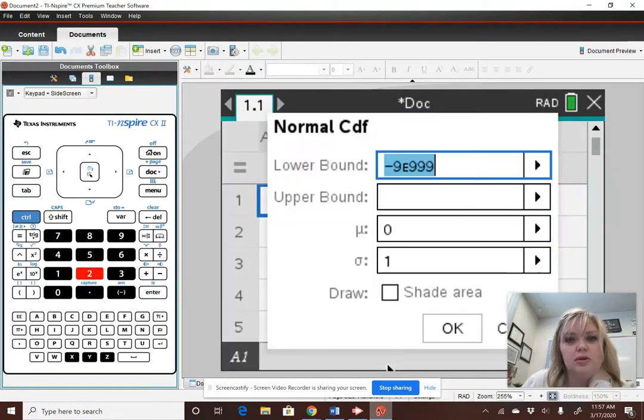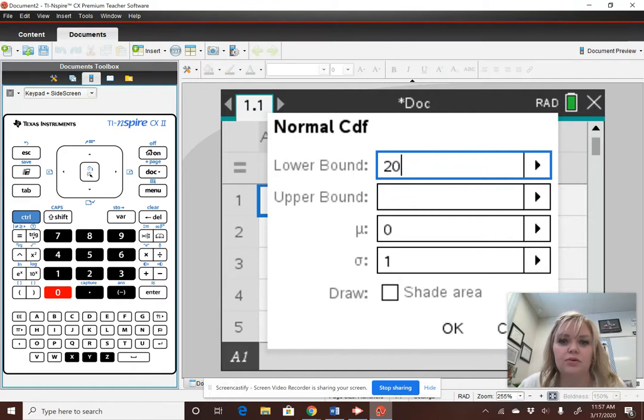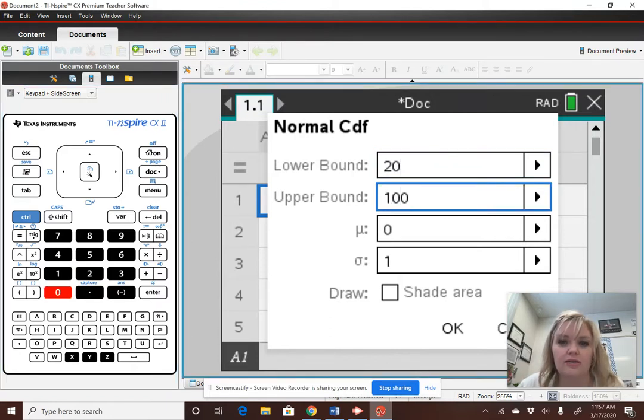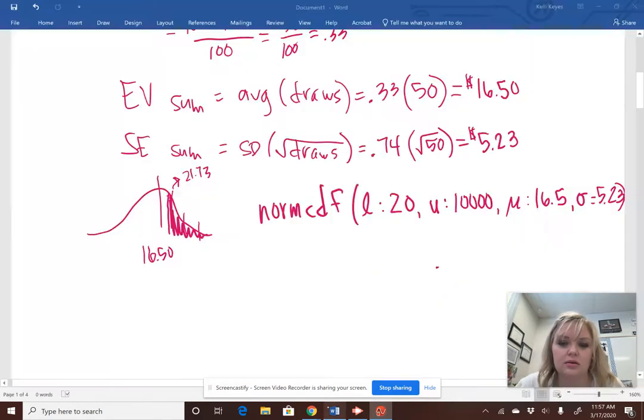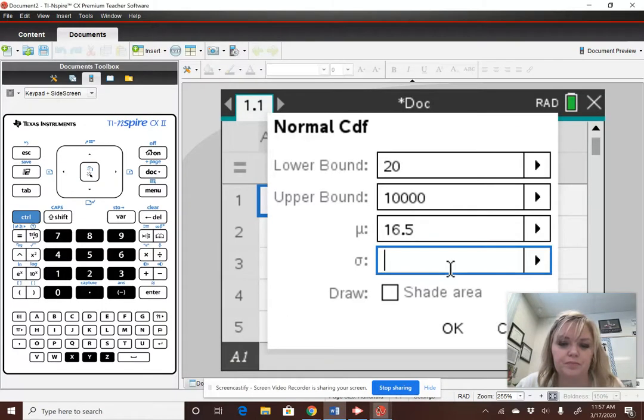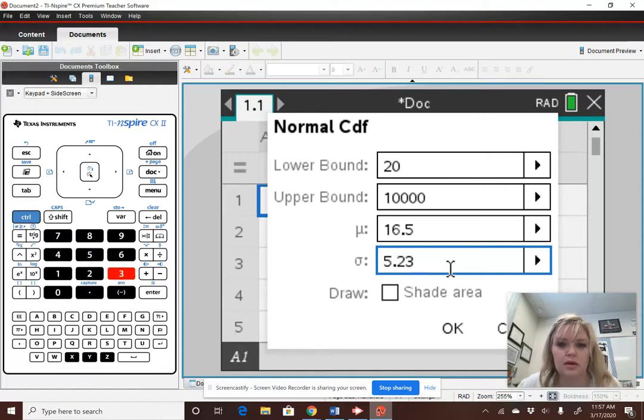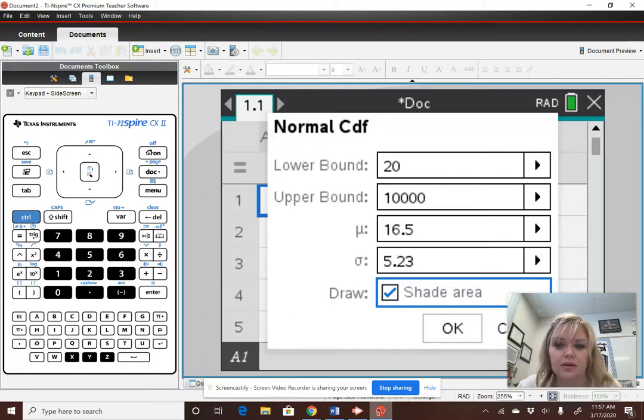So menu 422 will do the normal CDF like we do in the calculator page. My lower bound was 20, my upper bound was that high value of 10,000, my expected value was 16.5, and the standard deviation, 5.23. Okay, and then right here is where you click on the shade area and click OK.